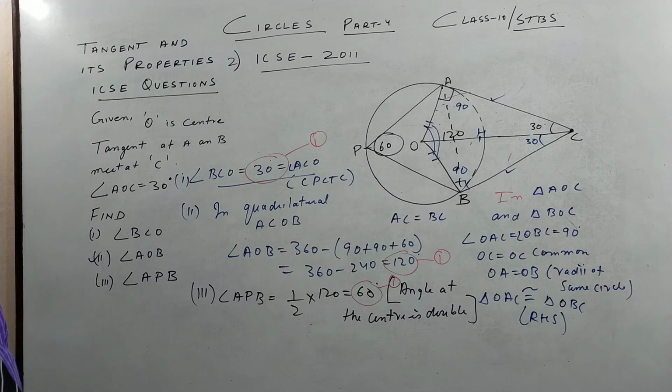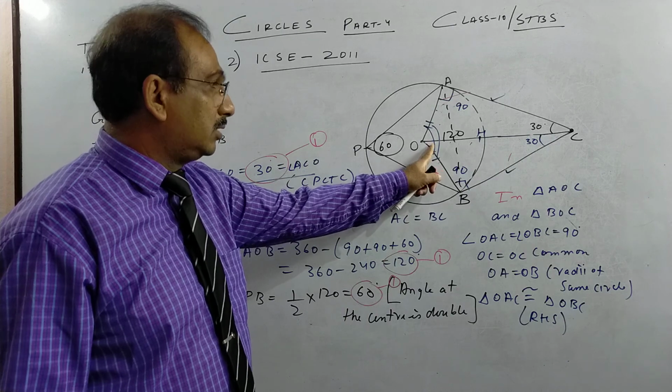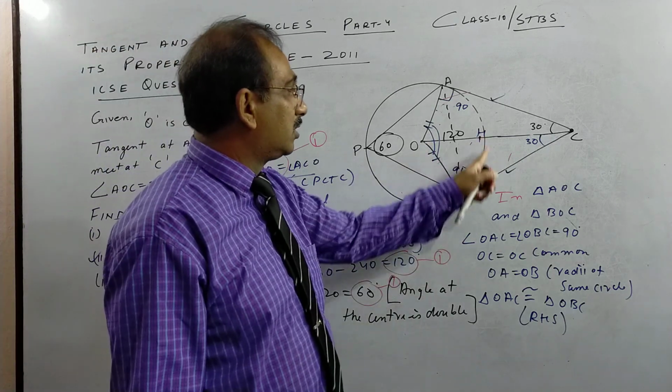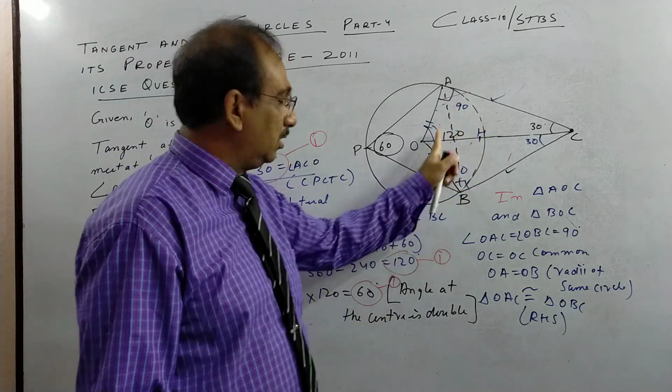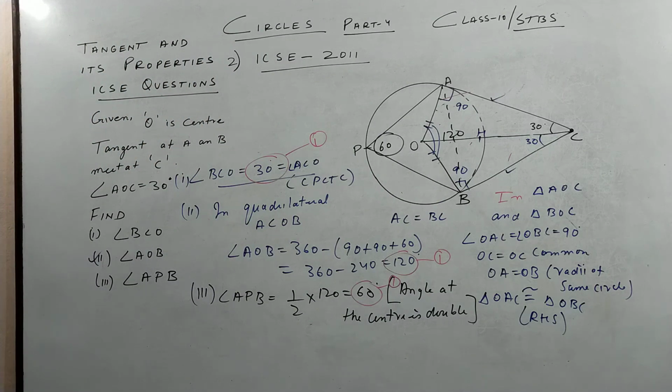So here what theorems did we use? Here we used angle at the center is double, and here we have used this theorem, tangent makes 90 degree. So writing the theorem carries 1 mark. So kindly pause the video and copy, then we will do one last sum.